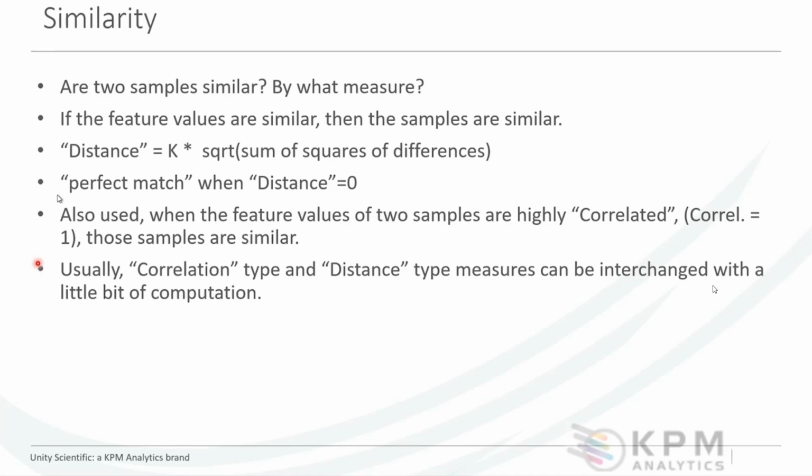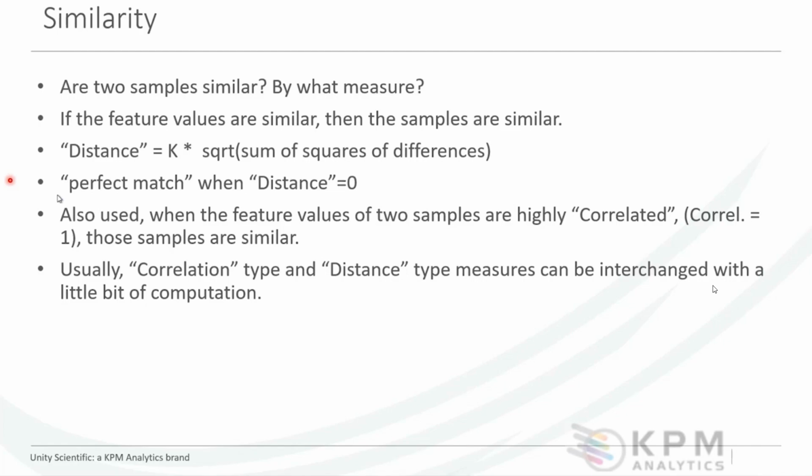There are two different ways in general, two different scales, that we can evaluate similarity. One is a distance measurement, and the other one is a correlation type measurement. With a distance measurement, a perfect match is a distance of 0. So my unknown sample has a distance of 0 from a previous population. It's very, very alike.